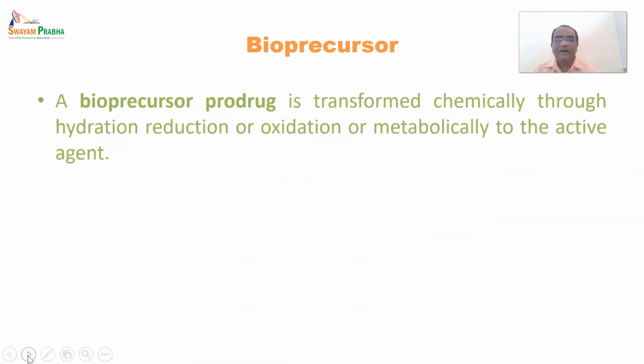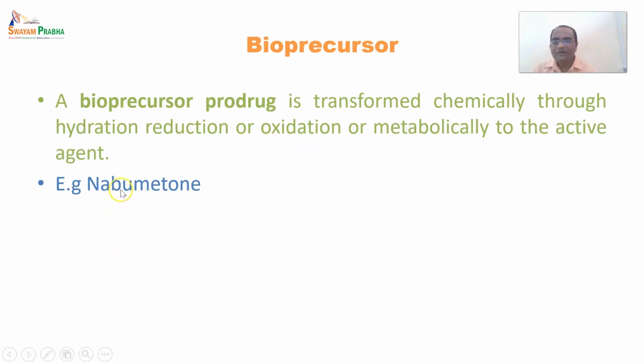After that, bioprecursors. The name itself indicates that these drugs are metabolized, and after that they serve as an active agent. This metabolism is done with certain chemical reactions such as oxidation and reduction in the body.